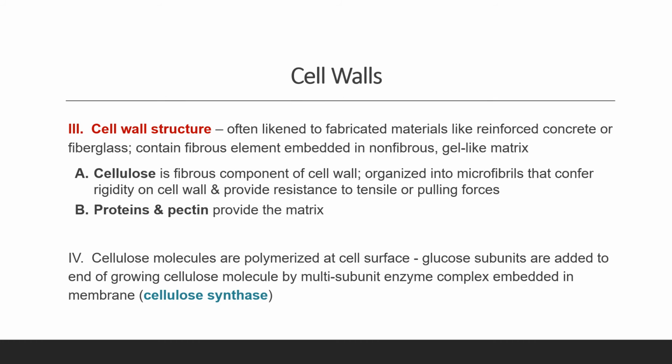So proteins and pectin provide the matrix. So cellulose molecules are polymerized at the cell surface, and glucose subunits are added to the end of growing cellulose molecules by a multi-subunit enzyme complex embedded in the membrane, what we call cellulose synthase.